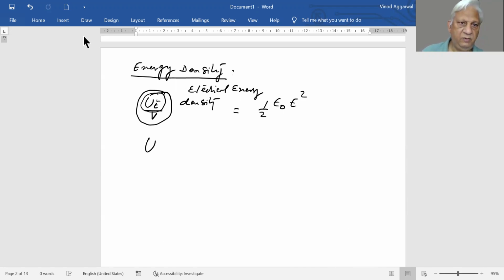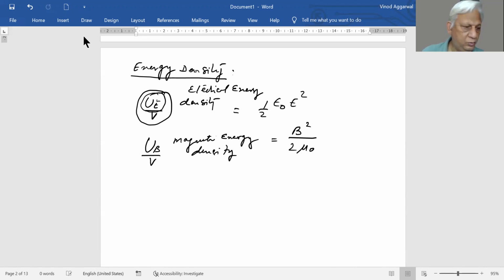Similarly, we define magnetic field energy density. This magnetic energy density is given as B square over mu naught.